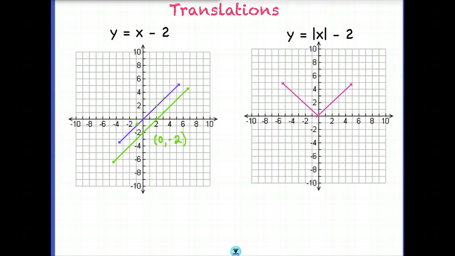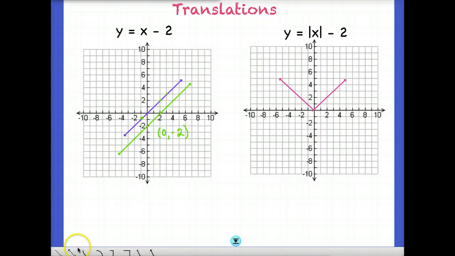So let's go ahead and draw that in, see what that would look like. So we'd come down here, move our vertex, our y-intercept down to the minus 2, and we would put a line in there, pretty close. And we could do the other side as well.